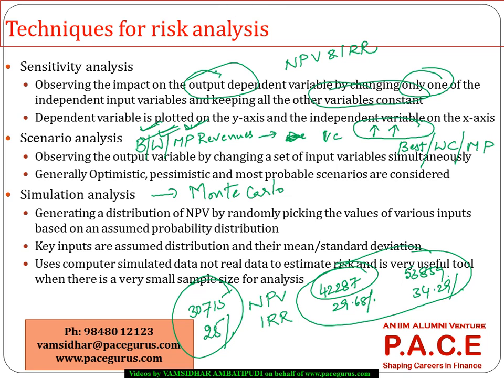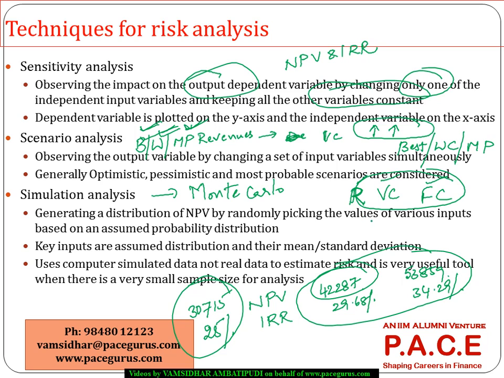But rather than that, if my input variables are revenues, variable costs, and fixed costs, I will assume one probability distribution for each of these independent variables.